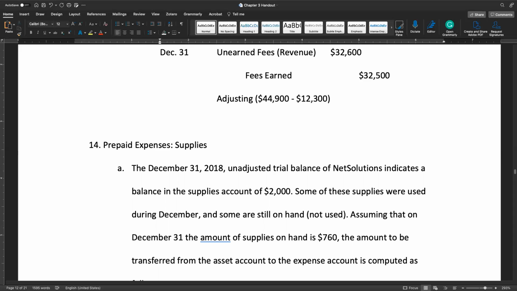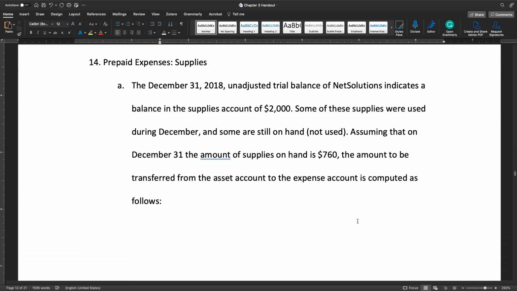Assuming that on December 31st, the amount of supplies on hand is $760. We have to figure out the amount that we're going to move from our supplies account to our supplies expense account. So the way that we do that, we know what we have available. So we know the supplies available.